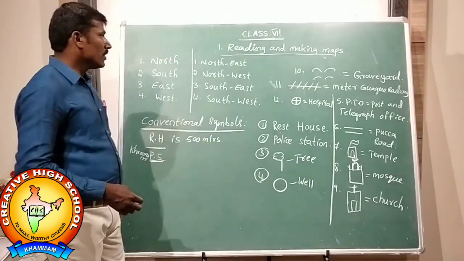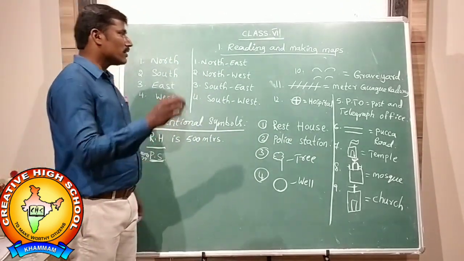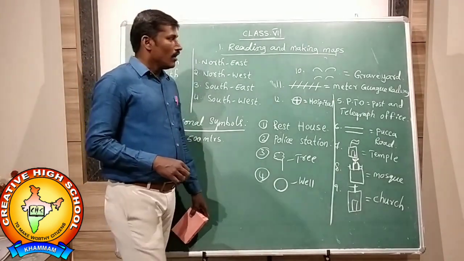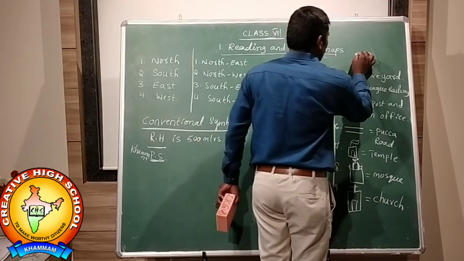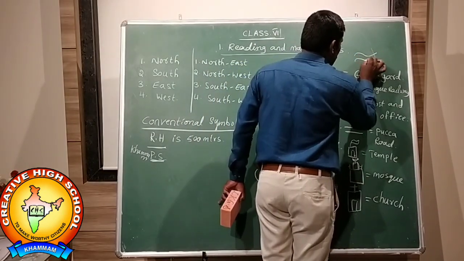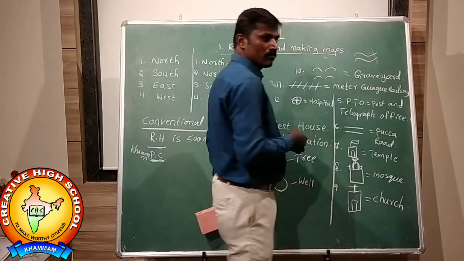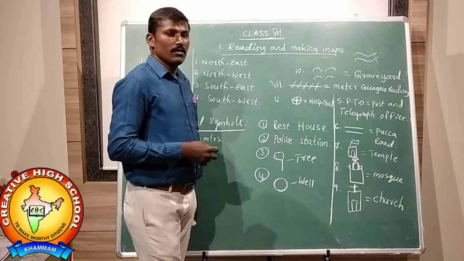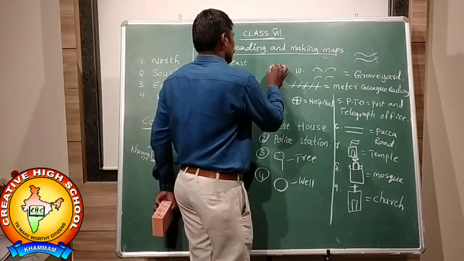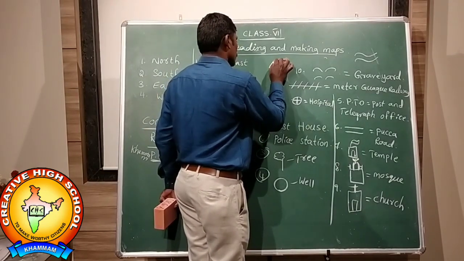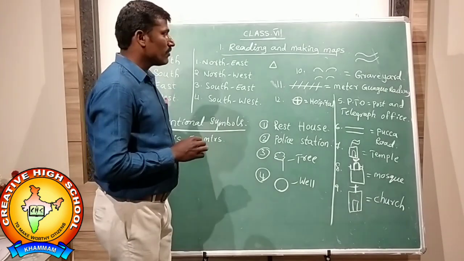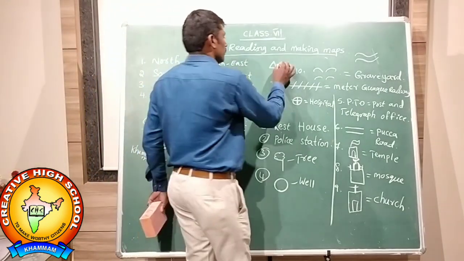So here, for making or reading any map, for river, this symbol will be there. And for peaks, this is a peak. Peaks will be there.